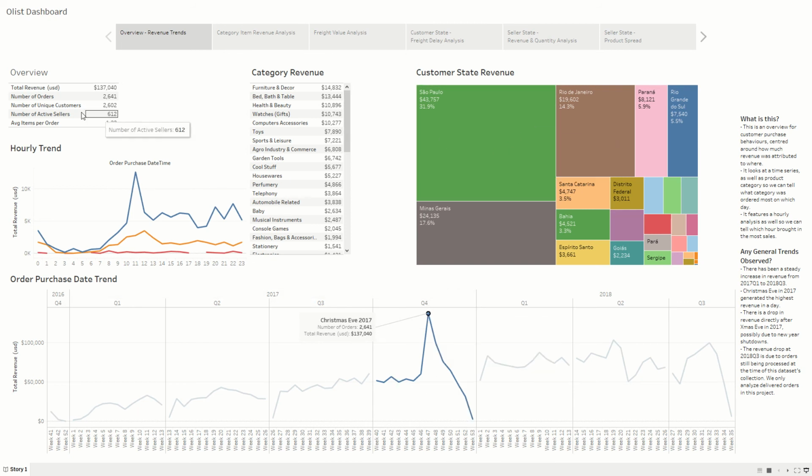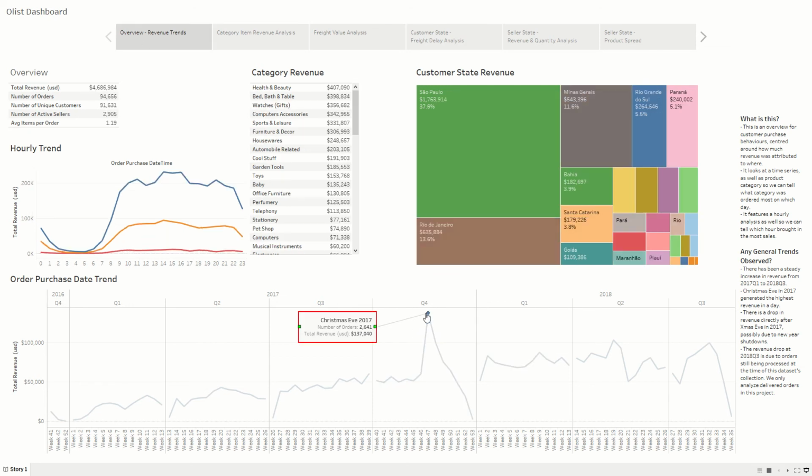We have 137K here, and we know there are 2,000 orders. We see a spike at 11 a.m., especially for interstate deliveries. It came mostly from Sao Paulo, mostly furniture, bed, bath and table, health and beauty, and watches. So all these are like Christmas gifts, for example.